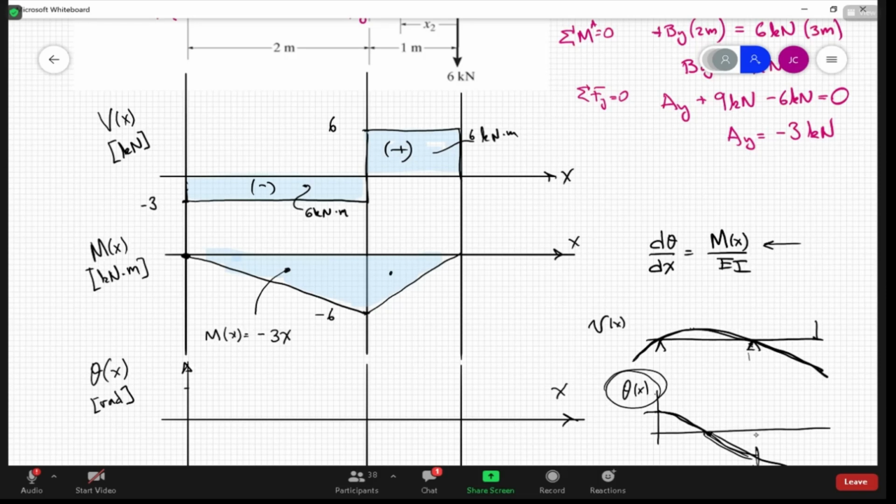And then here the moment is going to be, the slope here is 6, so it's going to be 6x, and at 2 that's 12.